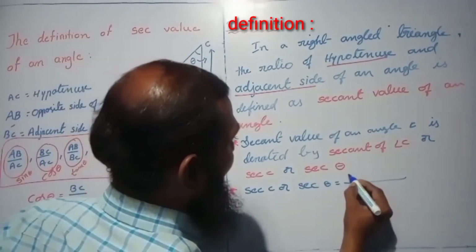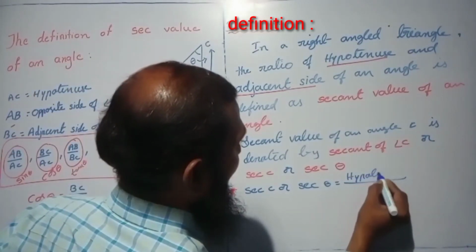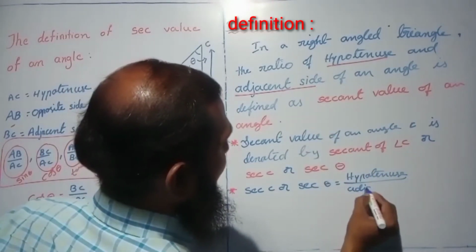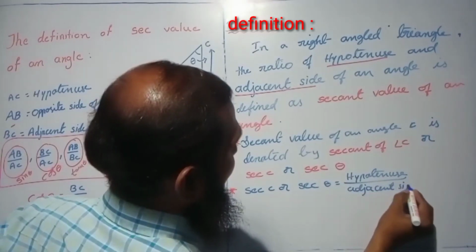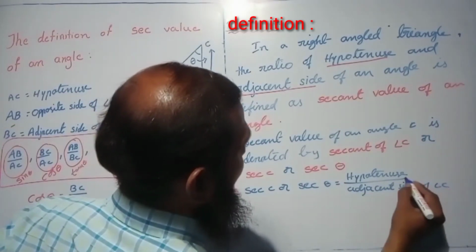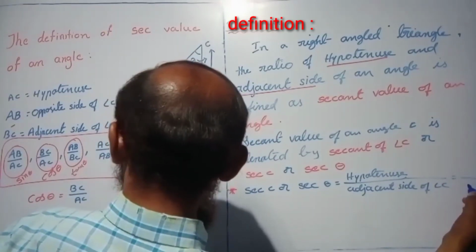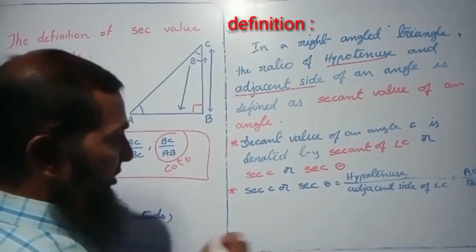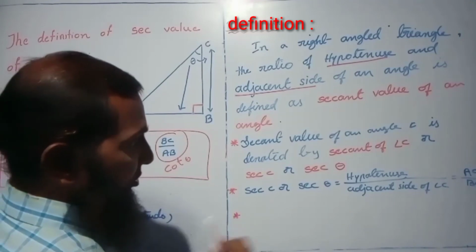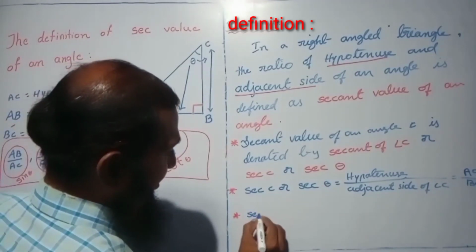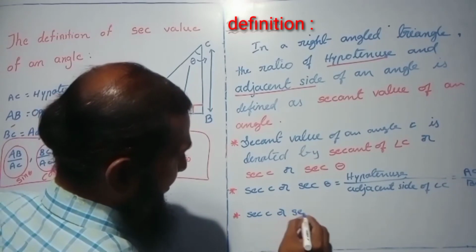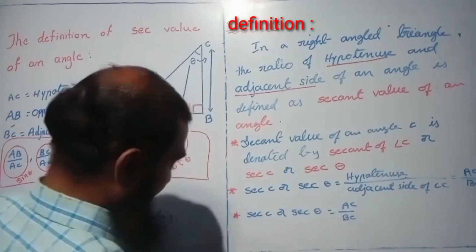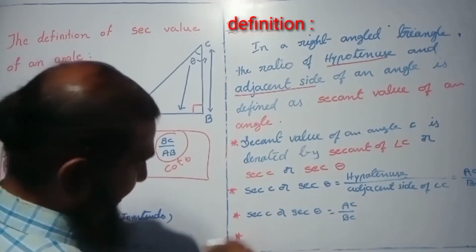The numerator is the hypotenuse and the denominator is the adjacent side of angle C. So simply it is written AC by BC.